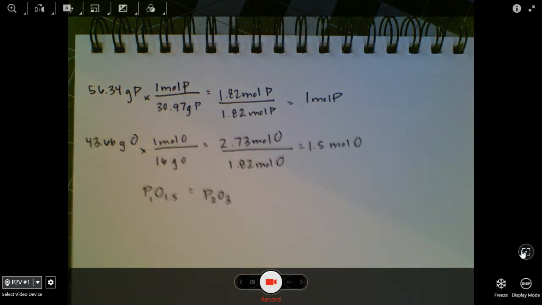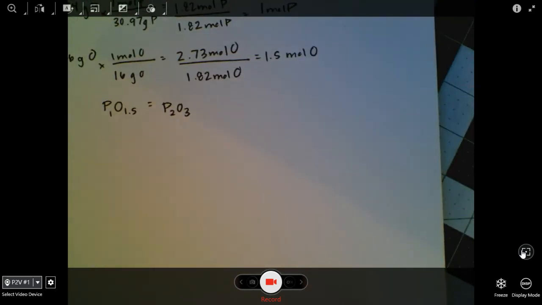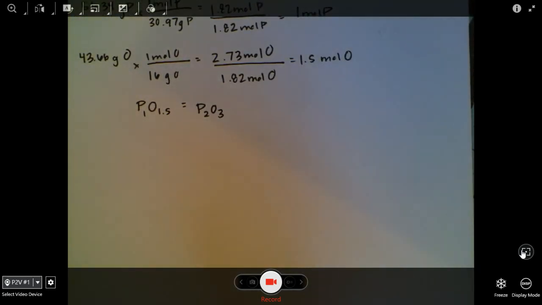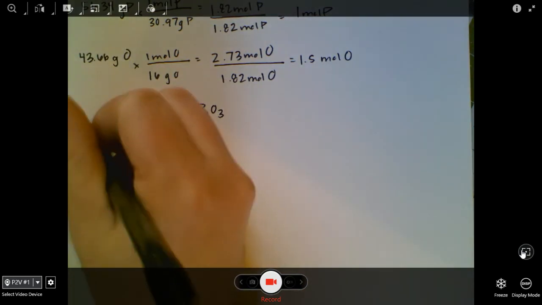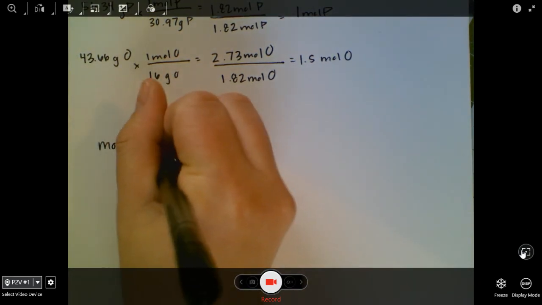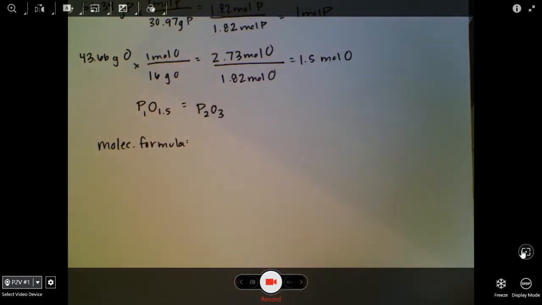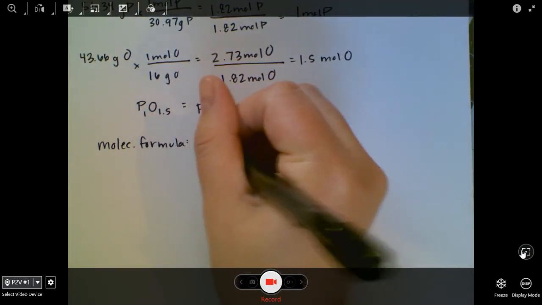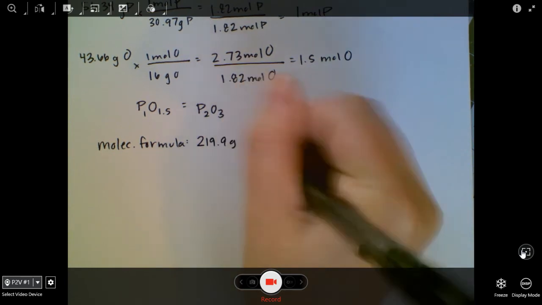Now, the second part asked me to figure out what the molecular formula was going to be if it gave me my molar mass. So the molar mass that it gave me for my molecular formula was 219.9 grams per mole.